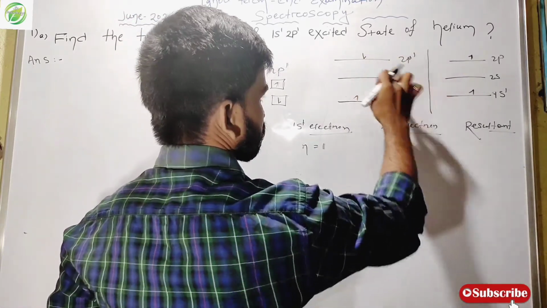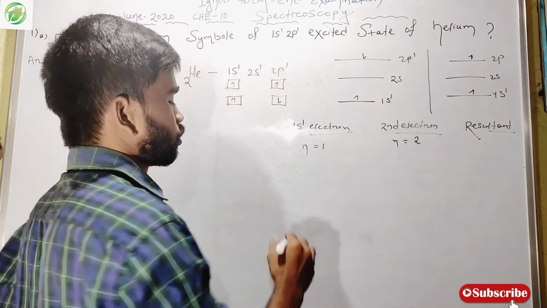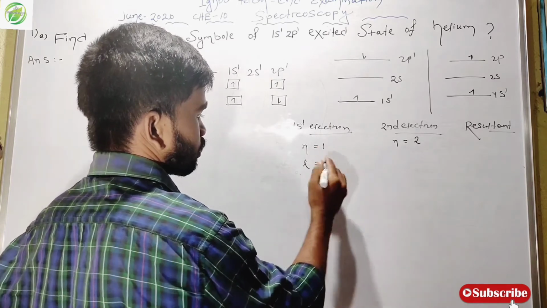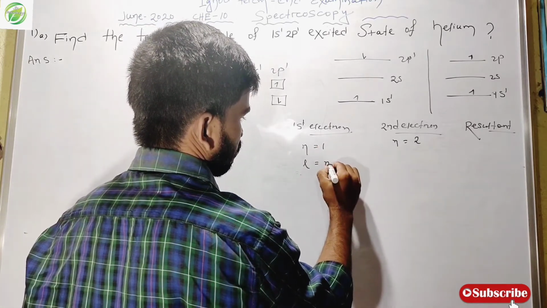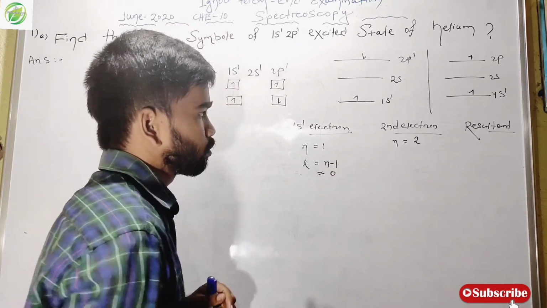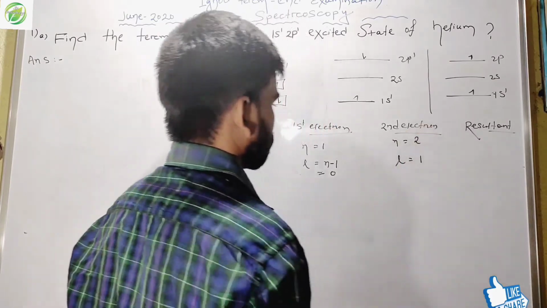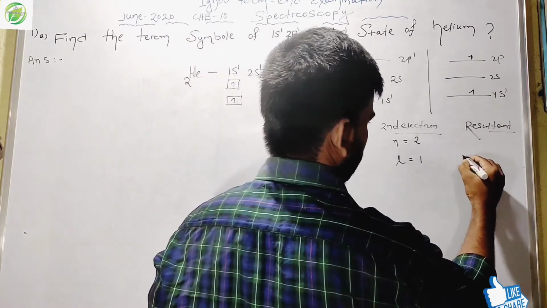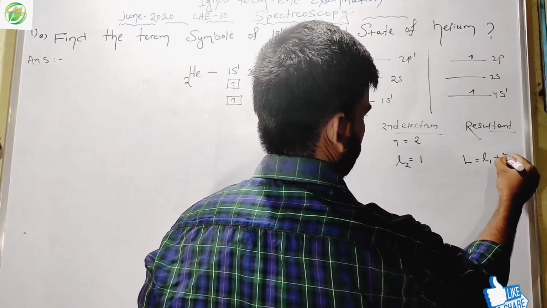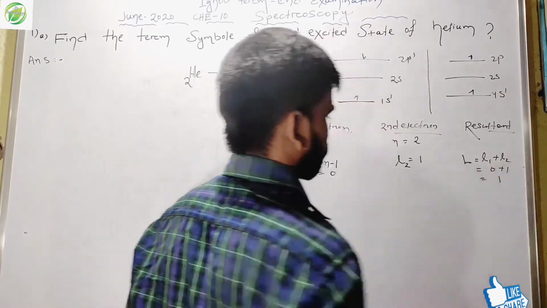For the second electron, the n value is equal to 2. The L value is n minus 1, that is 0 for the first, and 1 for the second. The resultant L value, L1 plus L2, is equal to 0 plus 1, that is 1.